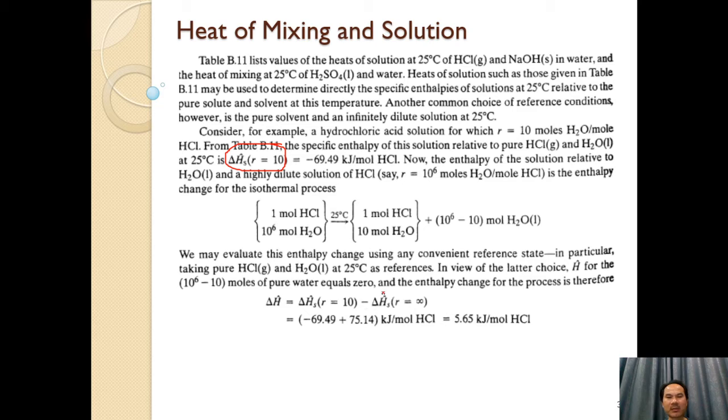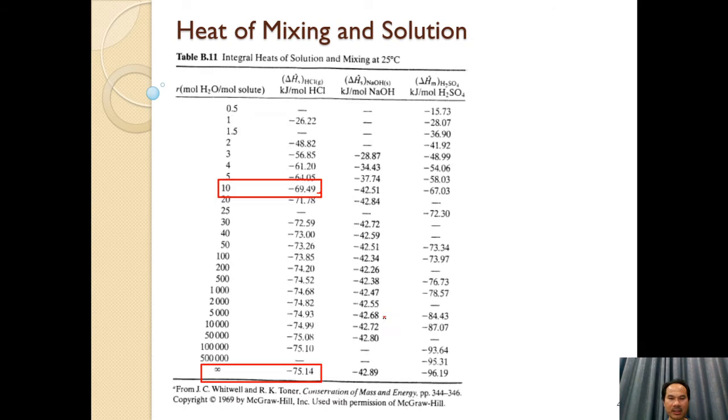That's right, because we talk about the enthalpy at 10 mole water per 1 mole HCl referenced to infinity, where 1 million mole water per 1 mole HCl is infinity. This means you can calculate delta H at 10 minus delta H at infinity. For this case at 10, you can evaluate from this table.